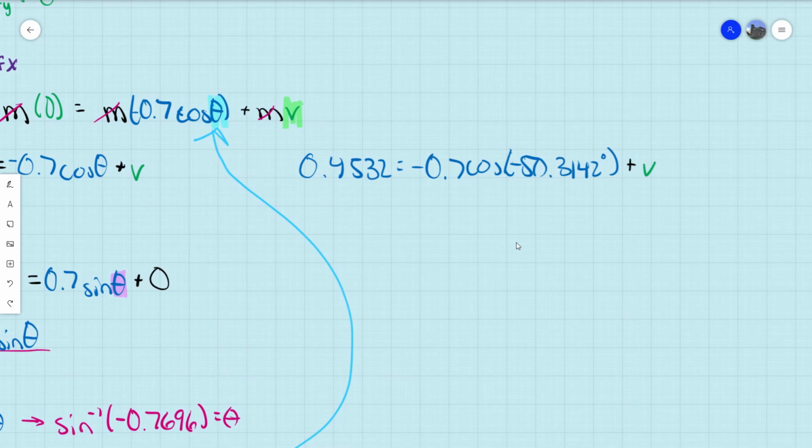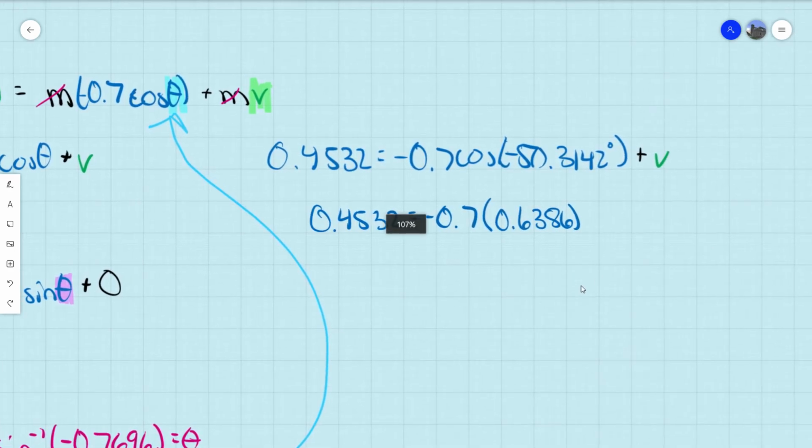Now we can just solve this for v using simple algebra. So if I were to fill this out step by step, 0.4532 equals negative 0.7 times 0.6386, which, according to my calculator, is the cosine of negative 50 degrees, plus v.